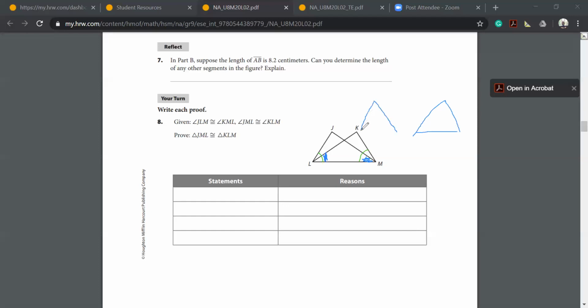I just tried to isolate them from each other to understand what he is giving me. And then this is supposed to be J, this is K, and this is M, and here this is M as well, and this is L, and here this is L.